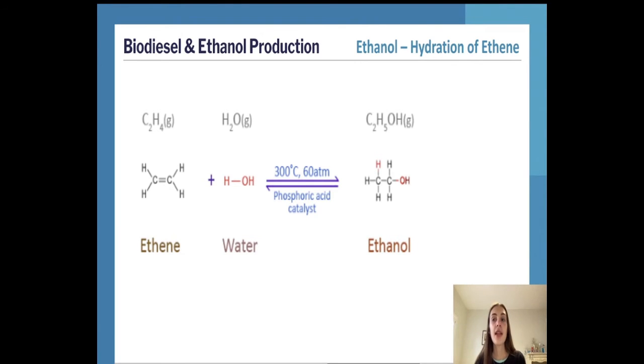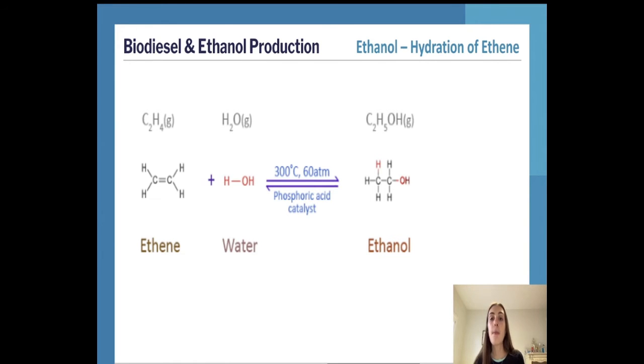But in practice, an excess of ethene is actually used. This is very surprising at first thought, because even if the reaction is going one way, you couldn't possibly convert all of the ethene into ethanol, because there still isn't enough steam to react with it. But the reason for this strangeness lies in the nature of the catalyst.